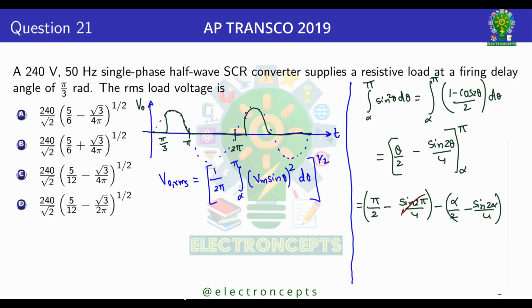We know that sin 2 pi is equal to 0. Further simplifying, we get pi minus alpha by 2 plus sin 2 alpha by 4.